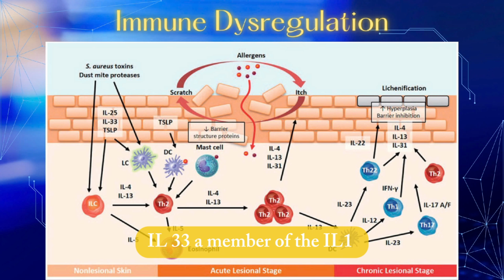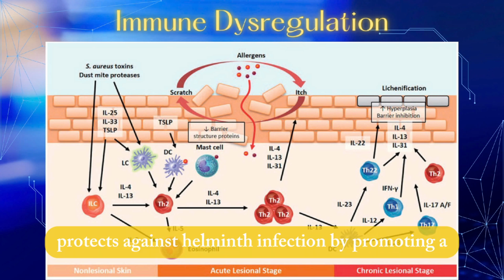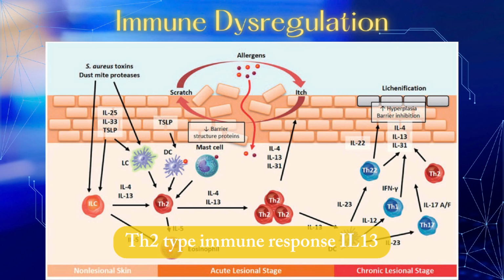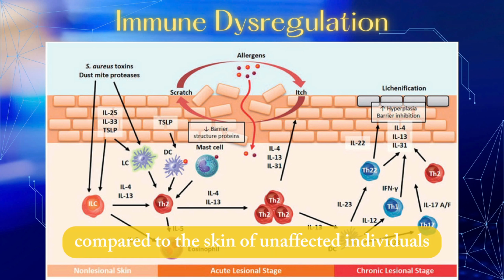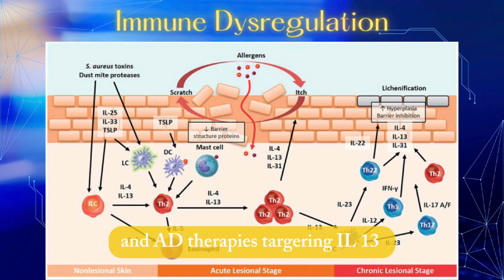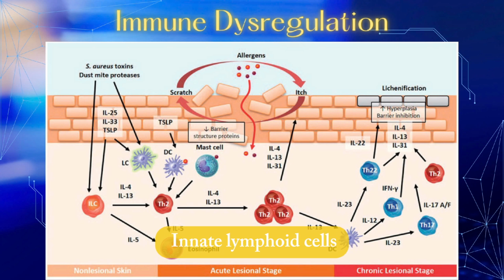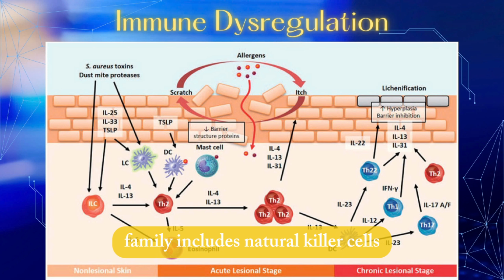Interleukin-33, a member of the interleukin-1 cytokine family, protects against helminth infection by promoting a Th2 type immune response. Interleukin-33 expression is increased in AD lesions compared to the skin of unaffected individuals, and AD therapies targeting interleukin-33 are underdeveloped.